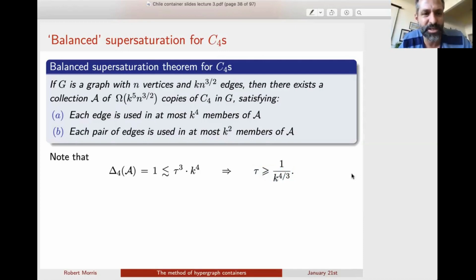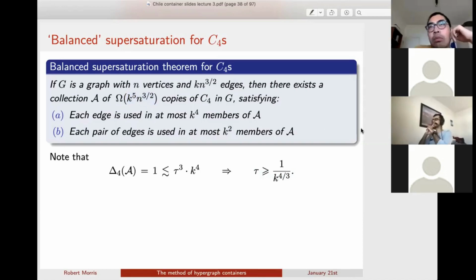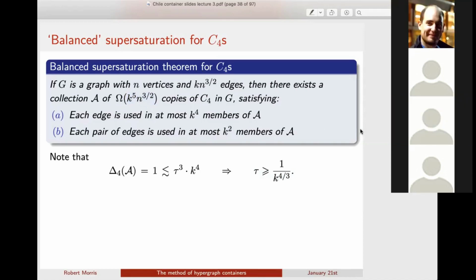So this is the supersaturation theorem of Fairbairn, McKinley, and Samotij, which is a bit weaker than the one in my paper with David Saxton, and this is why you get a tau of k to the 4/3. In particular, they don't get as many copies of C4 as you could potentially.